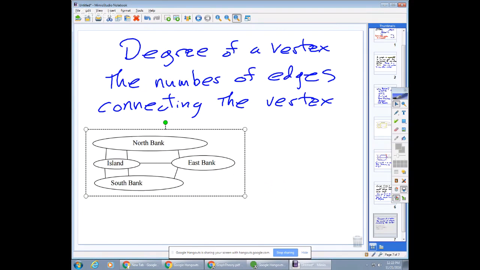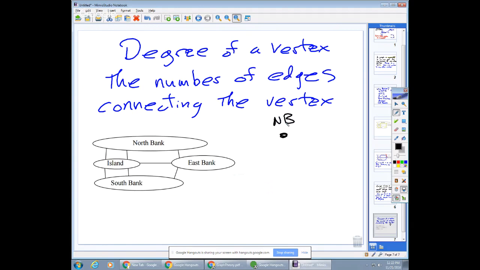So often we abstract the picture when we're working with things like this. The way I would normally redraw a picture of that is the north bank, I'll just call that NB right there. And then we have this island hanging out. That's a vertex. South bank is another vertex. And then over here we have the east bank.